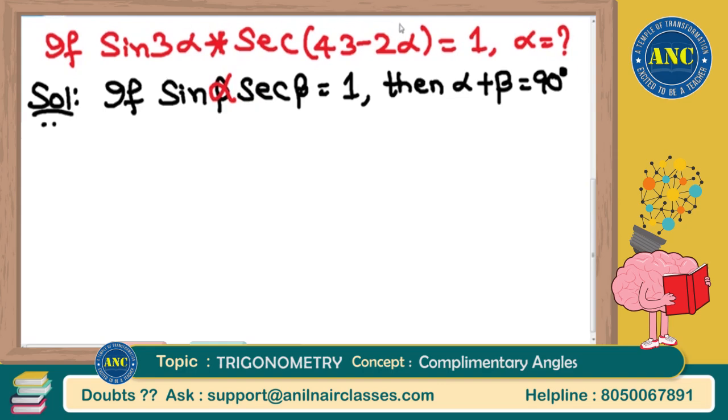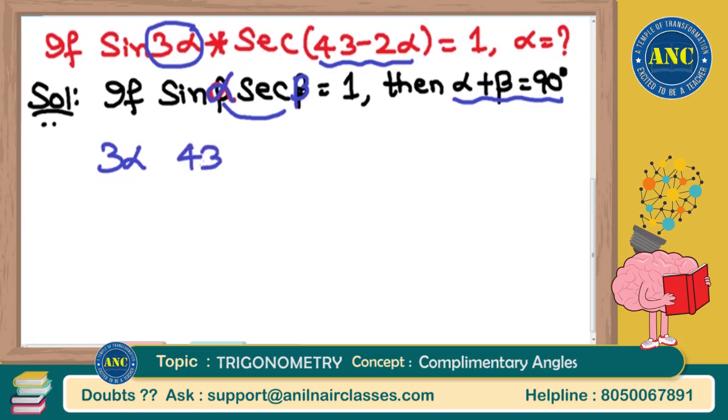Now see here, sir. Same thing I will make use of. The angle for sine is 3 alpha and the angle for secant is 43 minus 2 alpha. I should add these two angles and then equate it with 90 degrees. Why should I equate with 90?